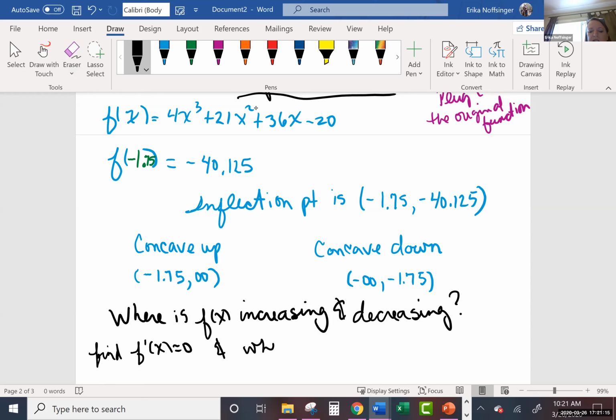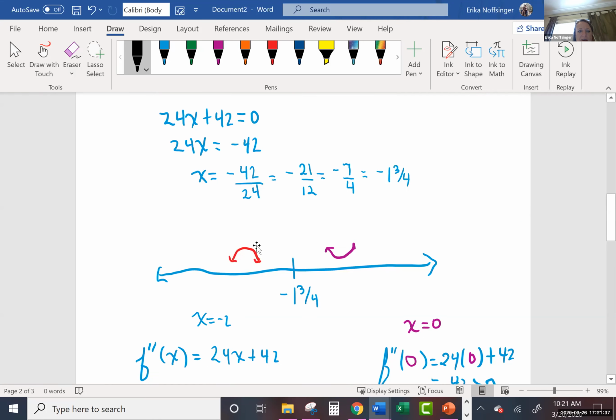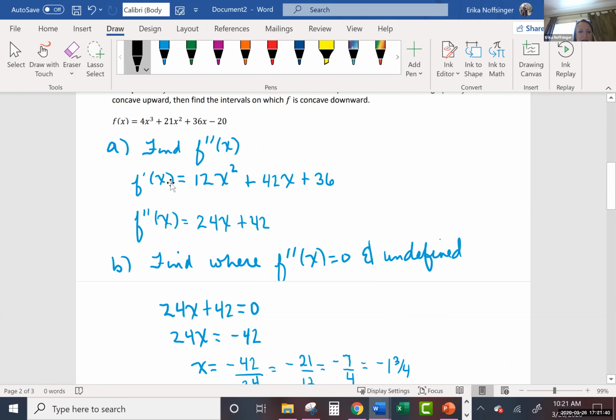So we need to find when is f prime of x equal to 0 and when is f prime of x undefined. So we already did that work from above. We already took the first derivative. So let's go back over here.